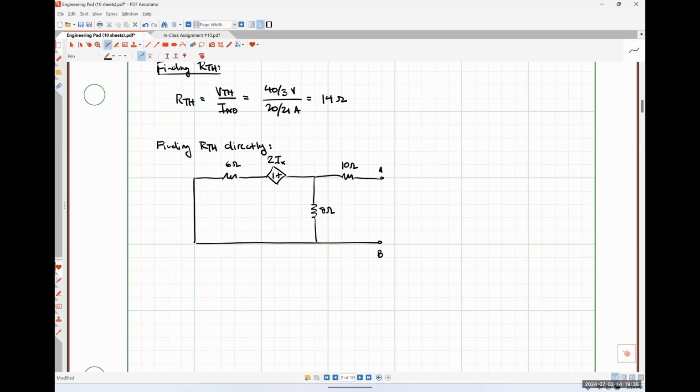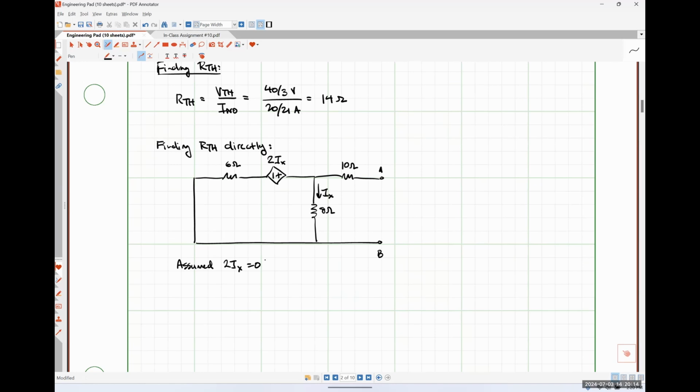We have a bit of a problem here, in that we still have a dependent source in our network, which means we probably can't just use simple resistor combination techniques. For example, if we assumed, let me put IX here, that we could turn off our dependent source, so twice IX is equal to 0.